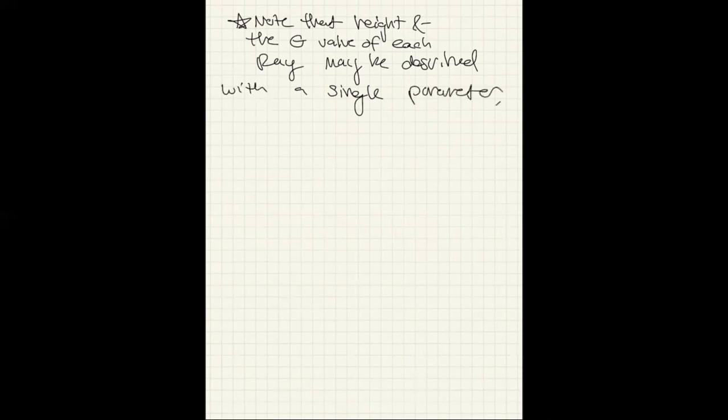Let's call this u. What I mean by this is if you give me a u value, a u between 0 and 2 pi, I'll tell you the branch we're talking about.